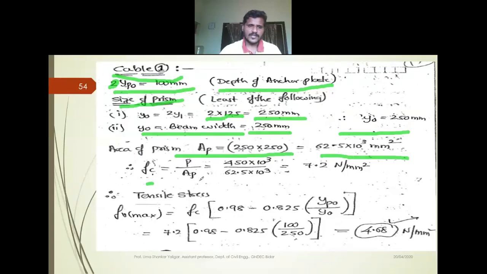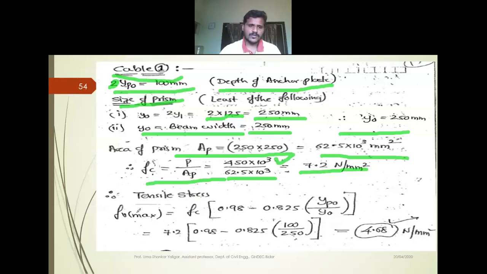Then you calculate Fc. Fc is equal to P by Ap. P is given as 450 kilonewton, and the area of the prism you have calculated here is 62.5 into 10 raised to 3. Substitute these values, and you will get Fc as 7.2 Newton per mm square.